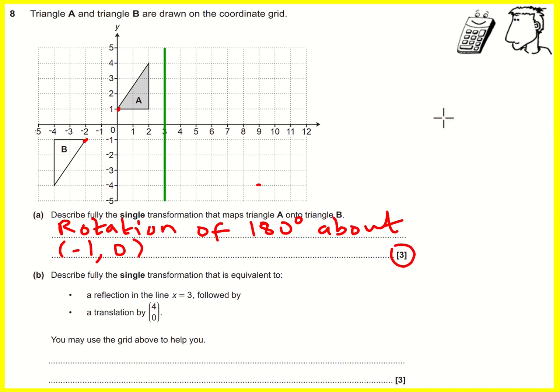So if I then do, let's not worry about the translation for the second, if I do my reflection, I go into the line 90 degrees and then I go the same distance. So that point goes to there. This point, I go 1 and 1 again. And then this final point, I go another 3 and there we have it.